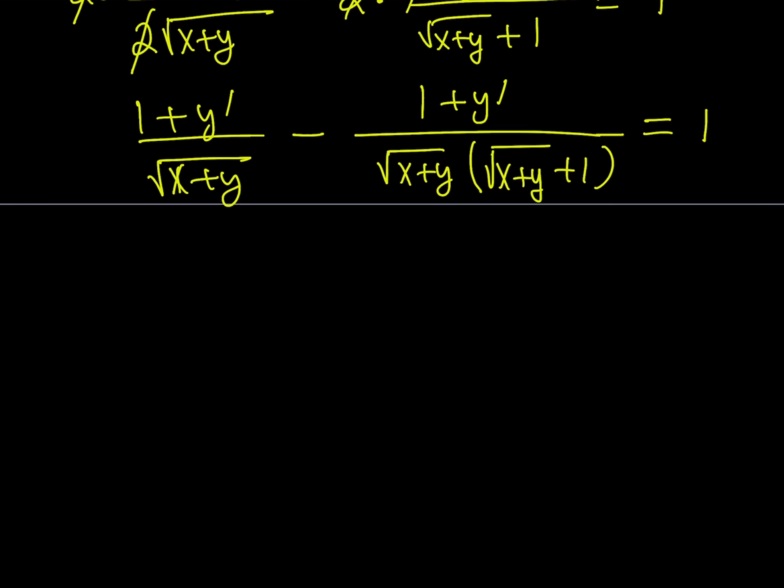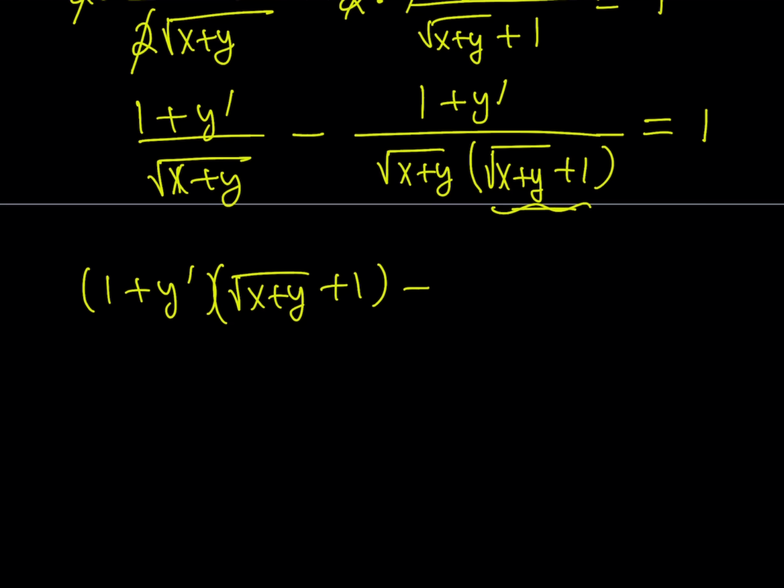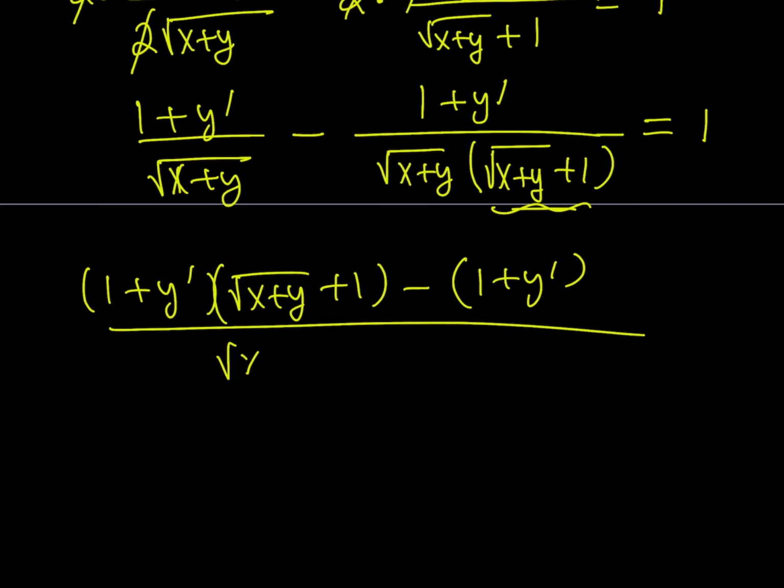Now we have a common numerator, but that doesn't help. So we can multiply this by this to make a common denominator. That's going to become the square root of x plus y plus 1, and then minus this 1 plus y prime all over the square root of x plus y times the square root of x plus y plus 1.